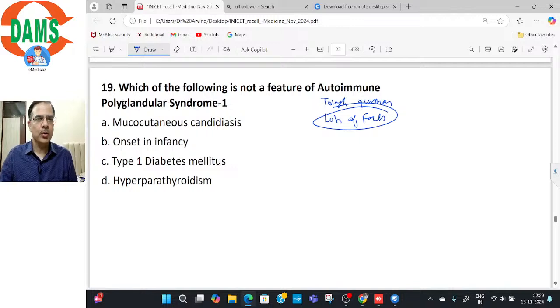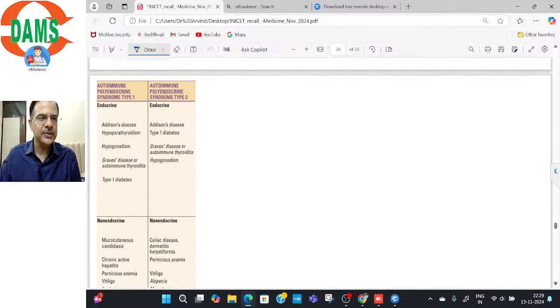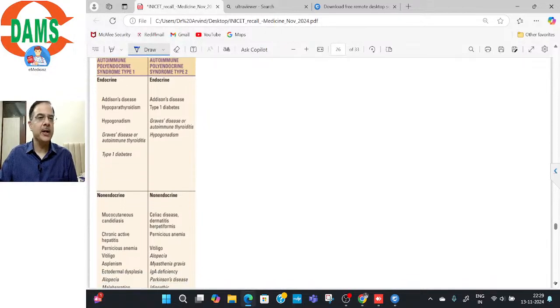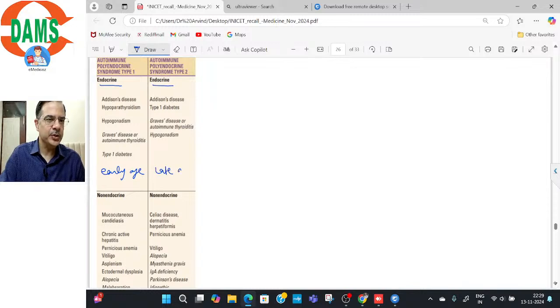So there are autoimmune polyglandular syndromes 1 and 2. These are associated with multiple endocrine abnormalities and non-endocrine abnormalities. These are the differences between the two. Also, this is early age onset and this is late age onset, which is the age-wise difference given here.